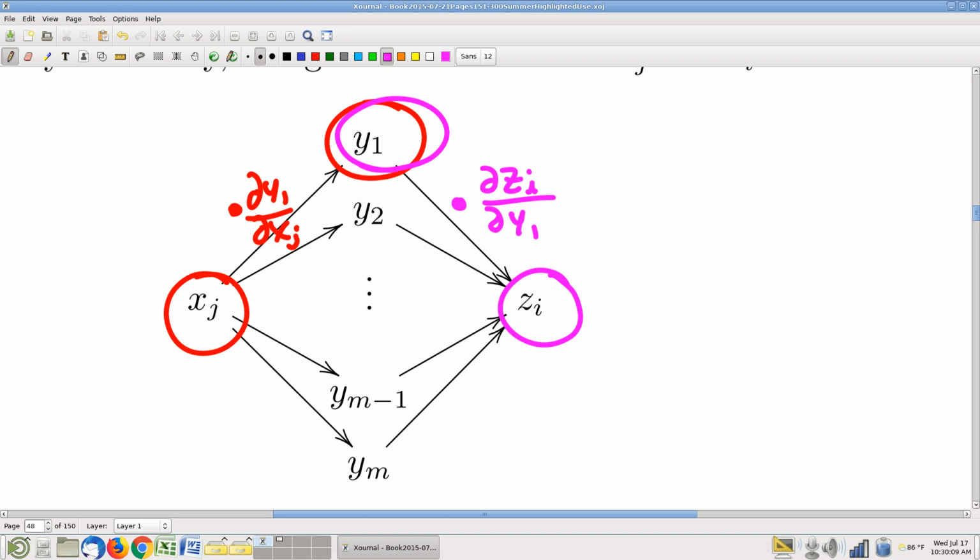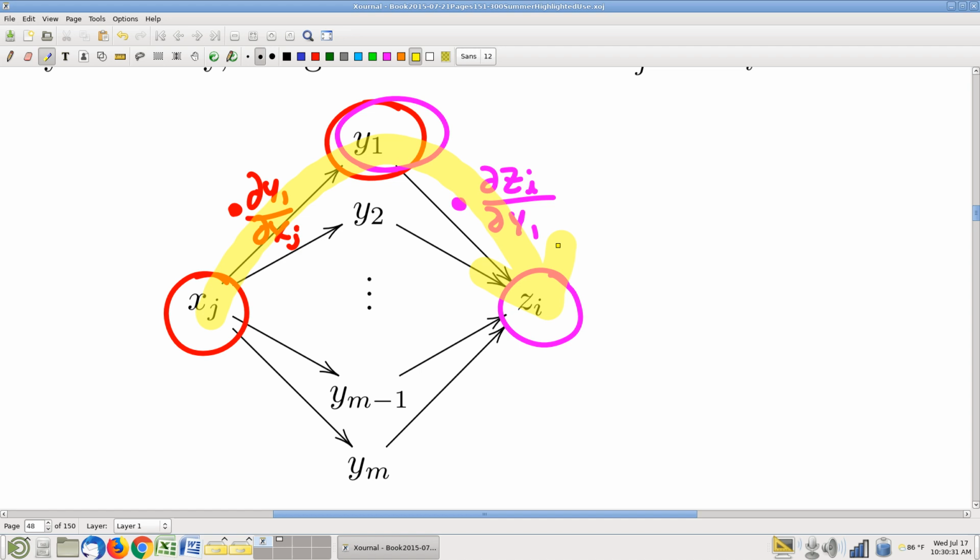Right, so if you were to say, I'm going to change xj by a little bit, and I'd like to know how much does that change y1, and then furthermore, how much does that change in y1 propagate over to cause a change in zi? Well, you get the product of those two factors.